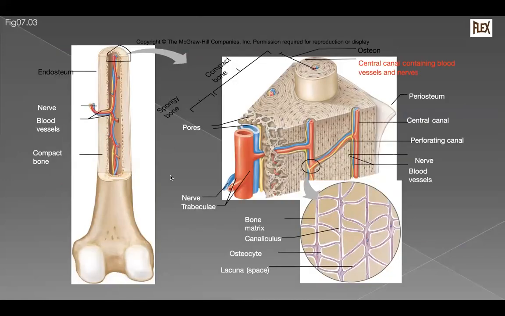This is just a breakdown of how the bone is broken up. Again, we won't get too much into this. It will be mostly identifying, in our ID slides is what you need to know.